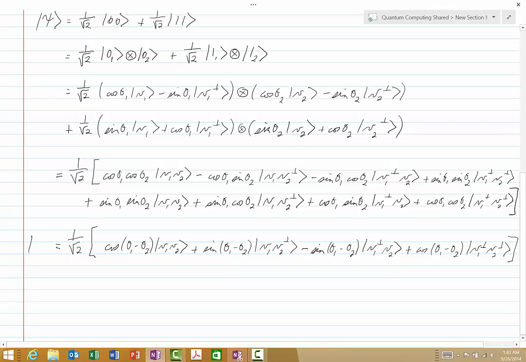And that is the result now of expressing it entirely in terms of V1 orthogonal, V2, and V2 orthogonal.